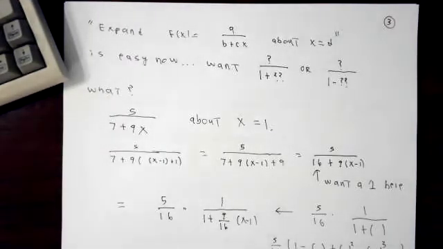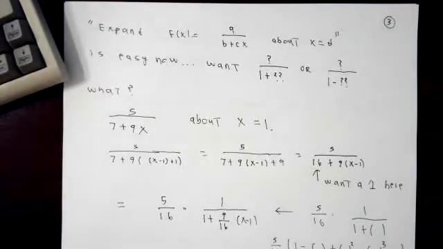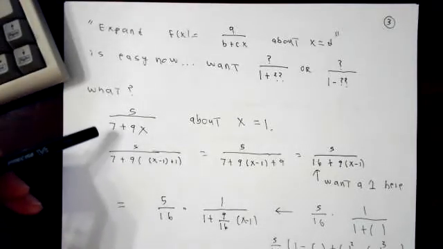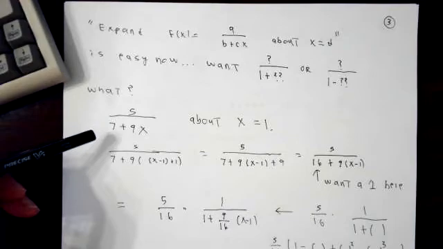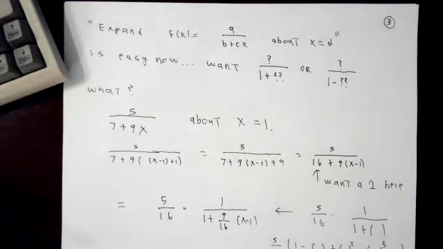If a, b, and c are constants, it's easy now to expand a function that looks like a over b plus cx about any particular center d that you'd care to use. For example, I want to expand 5 over 7 plus 9x about x equal 1.